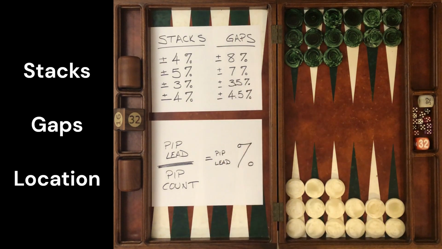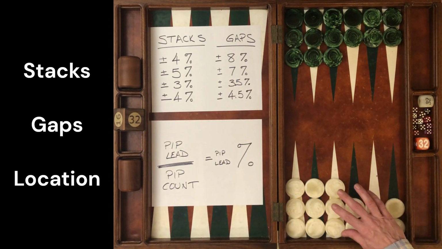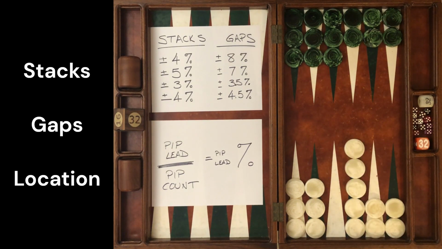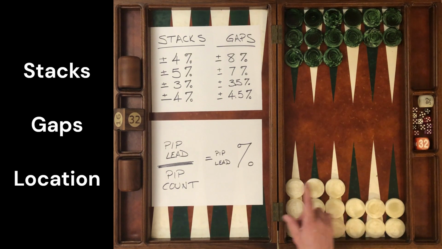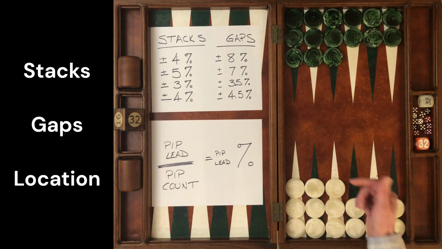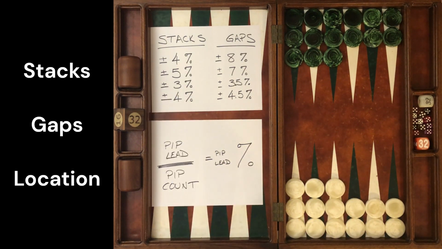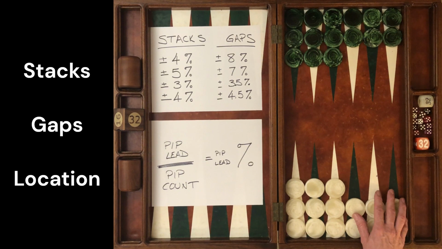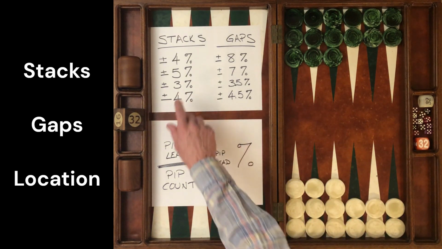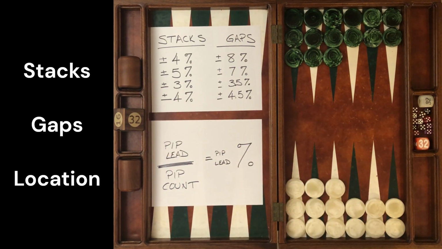The Keith count is going to penalize you for gaps on the higher points. And you can see the bias here from the higher points to the lower points. The Keith count is taking into effect the stacks, it's taking into effect the gaps, and it's taking into effect the location of those gaps, be they higher or lower, the location of the stacks, be they higher or lower.